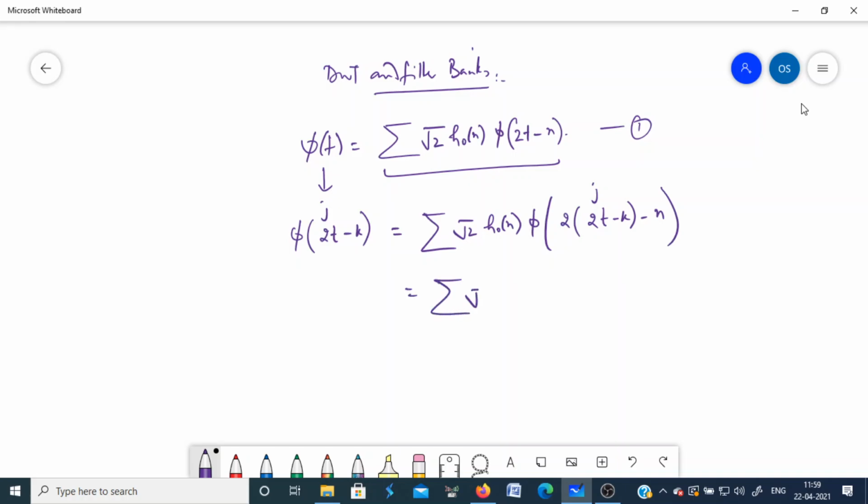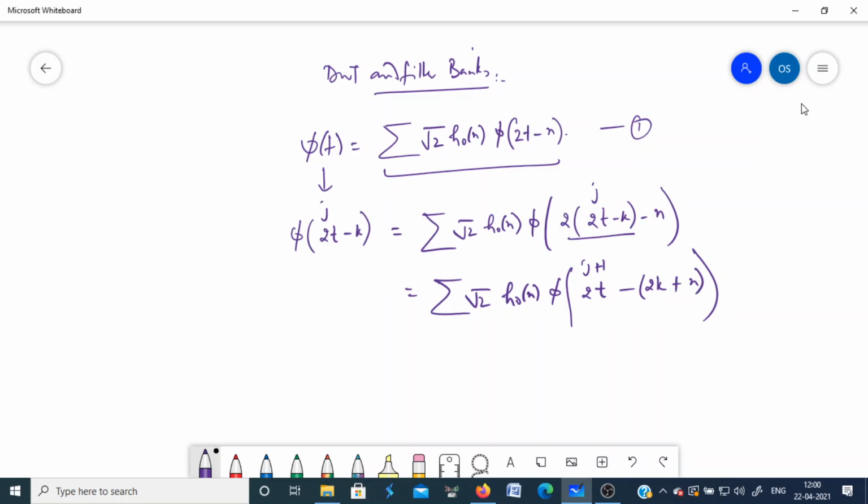You can write it as root 2 h0(n) phi(2^(j+1) t minus 2k minus n), or you can write it as minus (2k plus n) here.